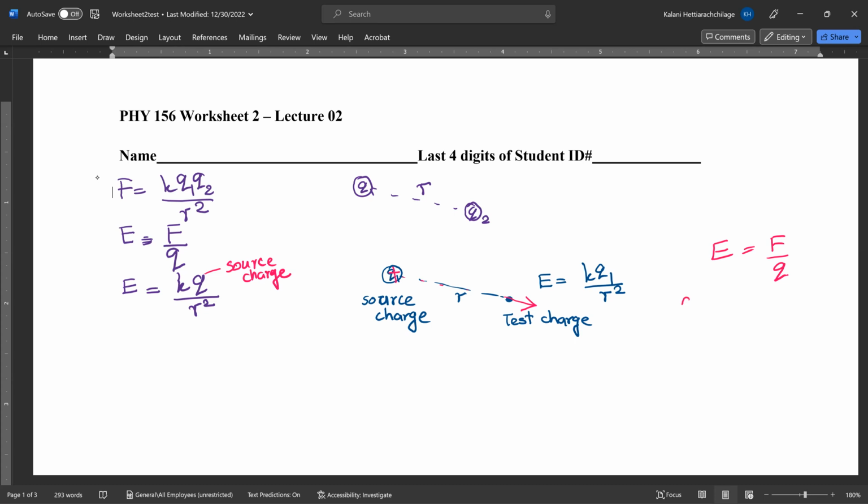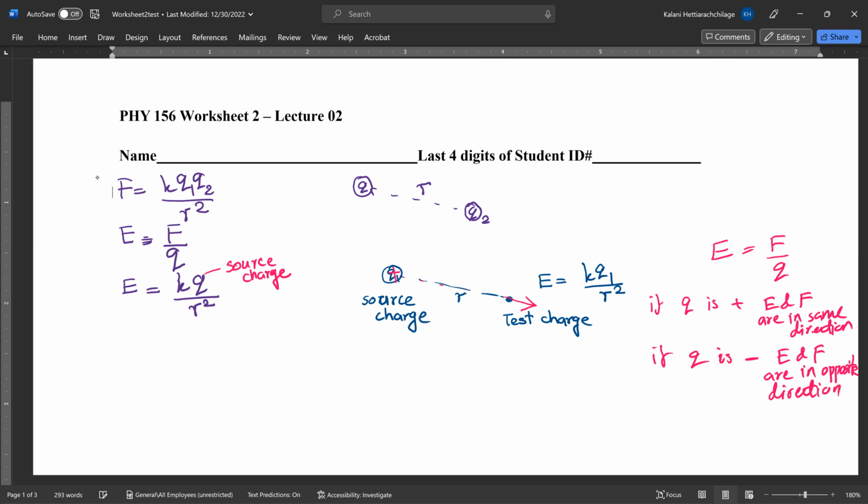I think I discussed that also. If Q is positive, E and F are in the same direction. If Q is negative, E and F are in opposite directions. That's what it means.